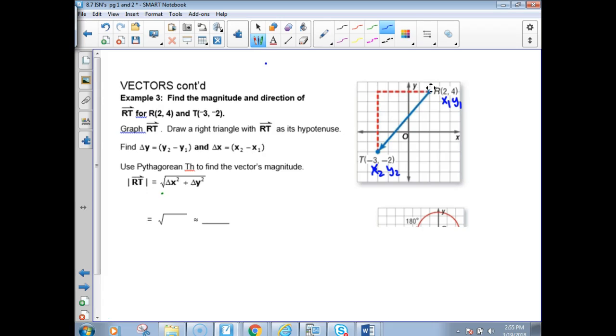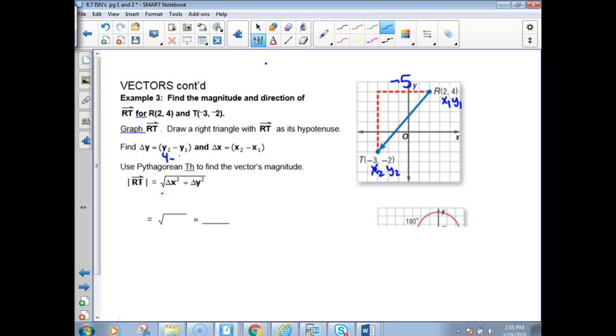If you wanted to count, you can actually count up here: 1, 2, 3, 4, 5, and you went to the left, so this would be -5. I can do it with the numbers as well. So I can do 2 minus -3. Oh, this says change in y's first. 4 minus -2.